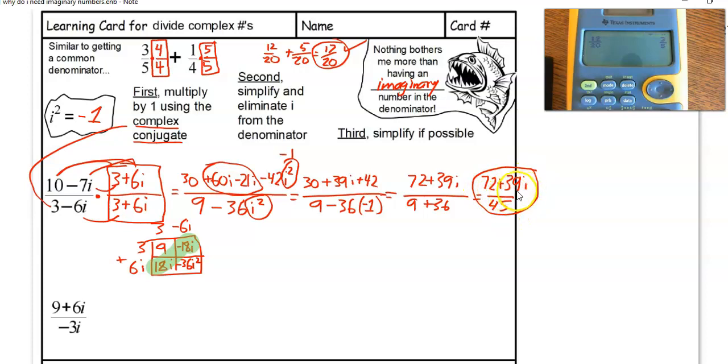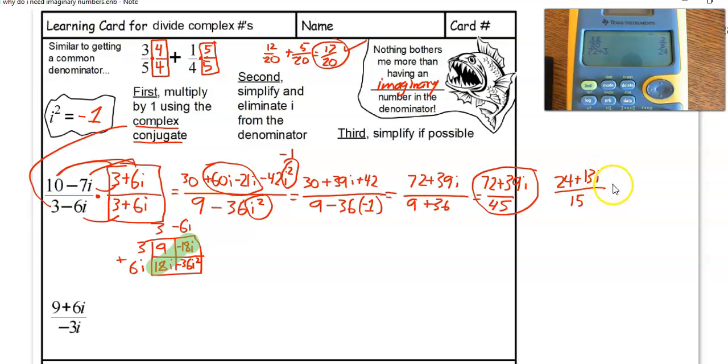72 plus 39i. All right, and I would love for that to be my answer, but I believe that 3 goes into all of those numbers. So, in fact, a little quick math over here, 72 divided by 3 is 24. Because all of the terms are divisible by 3, 72 gets reduced to 24, 45 gets reduced to 15, and 39 gets reduced to 13, and that i is still there.